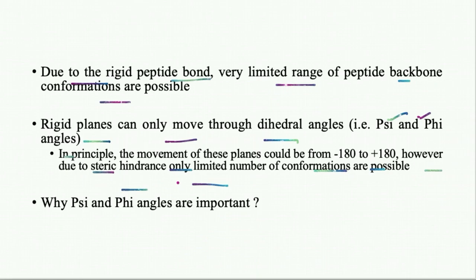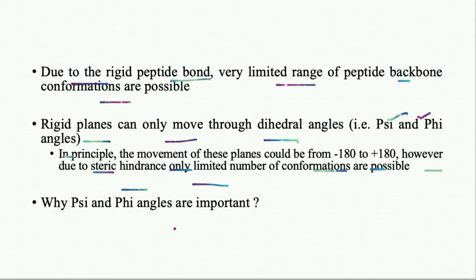Or even the associated atoms of the peptide bond may also affect the movement of the rigid peptide planes. That's the reason these peptide planes have restricted dihedral angles and very restricted movement through the intersection point, which is the alpha carbon, and we discussed that in detail.